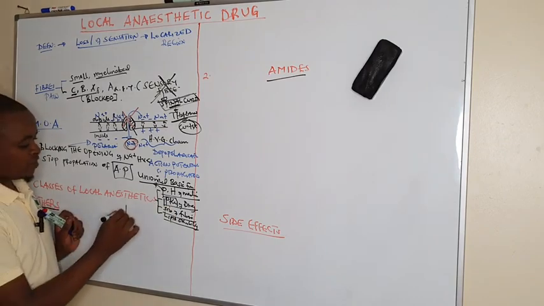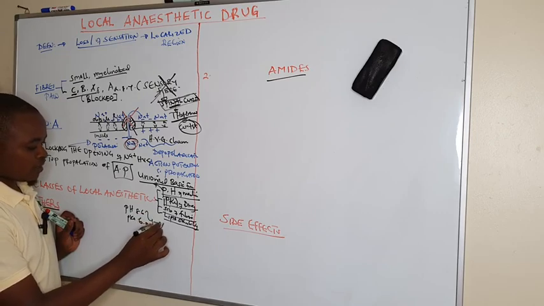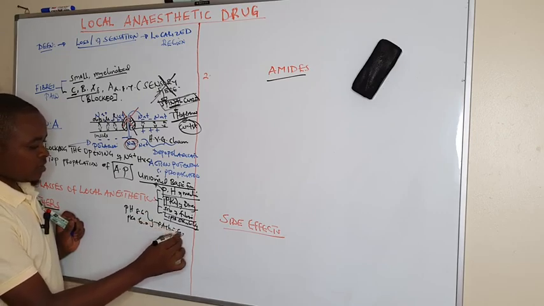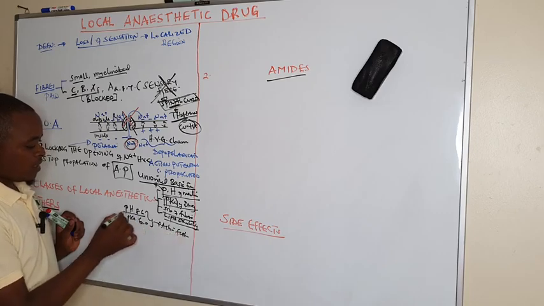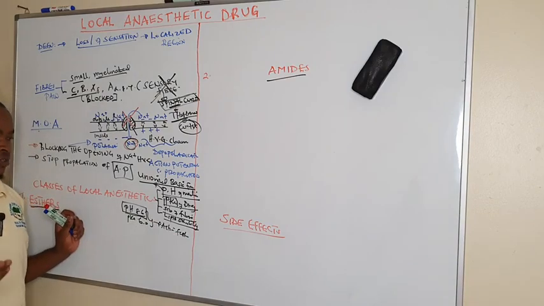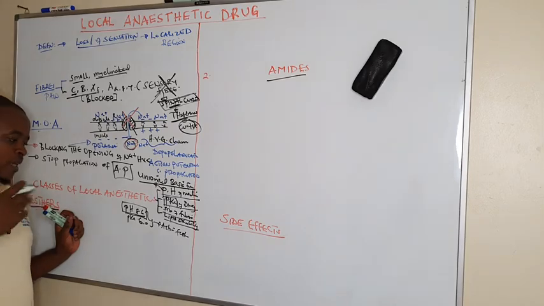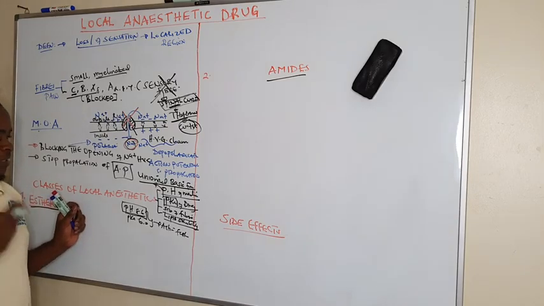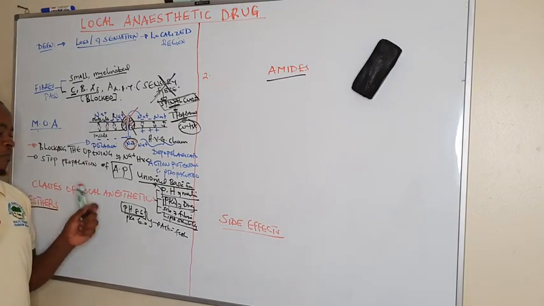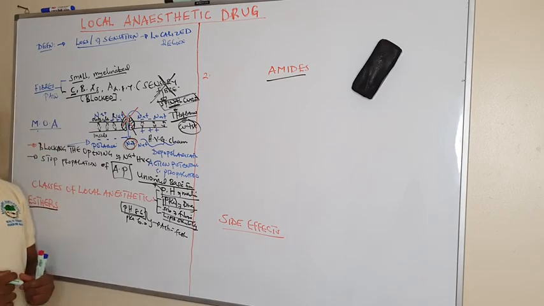For example, if the medium has a pH of 8.6 and the pKa of the drug is 6.0, this one will act faster, because the fraction of the basic and ionized form is much. So for better action, the medium where you are applying this drug should have a pH higher than the pKa of that particular local anesthetic.